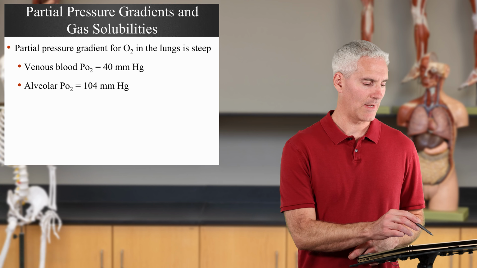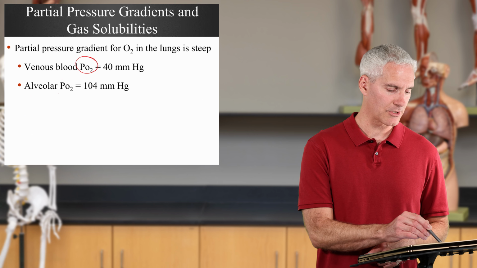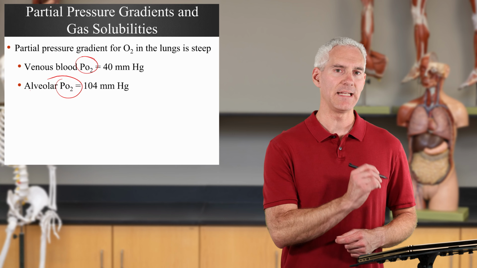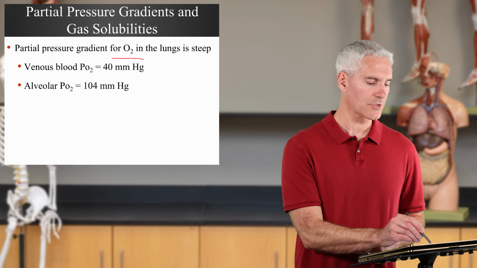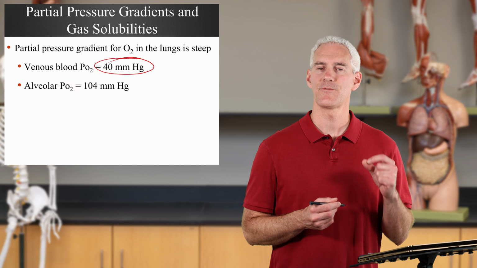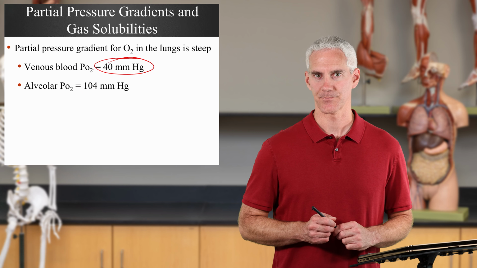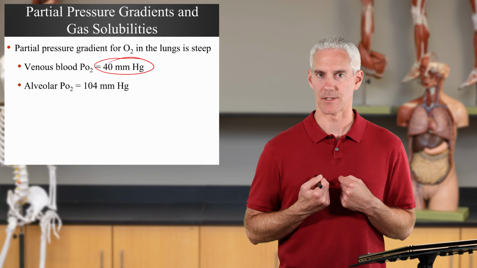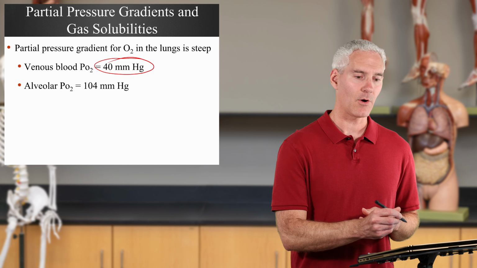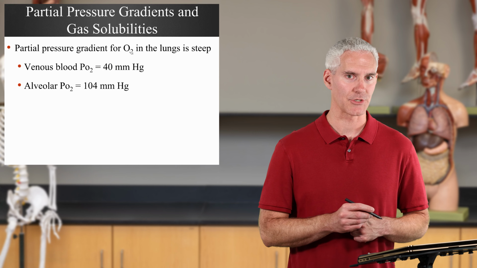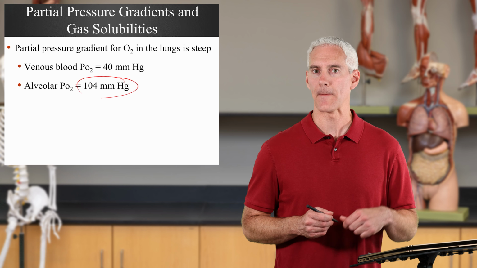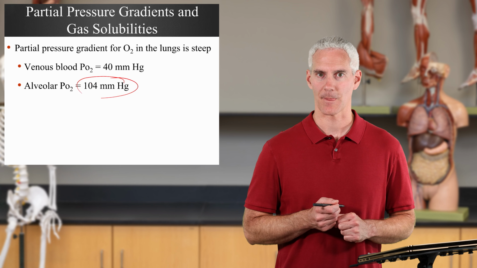So we're looking here now at the partial pressure of oxygen. Notice that in the venous blood, partial pressure of oxygen is 40 millimeters of mercury. So that's the venous blood coming back to the lungs. But now the alveolar partial pressure, this is what's inside the alveoli, is 104 millimeters of mercury of pressure.